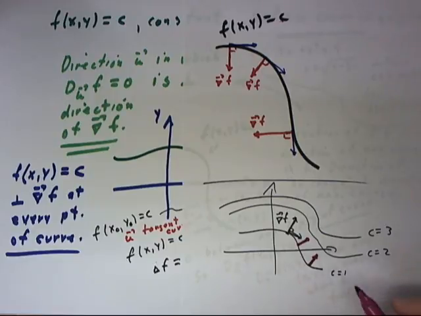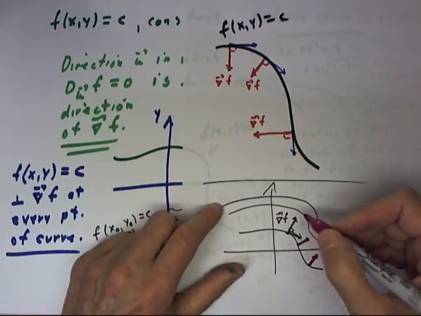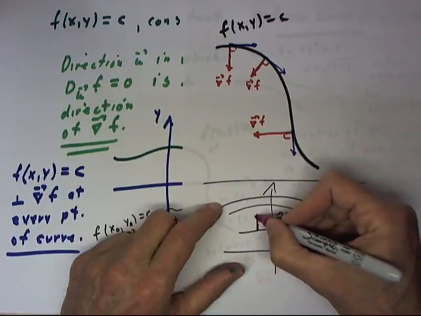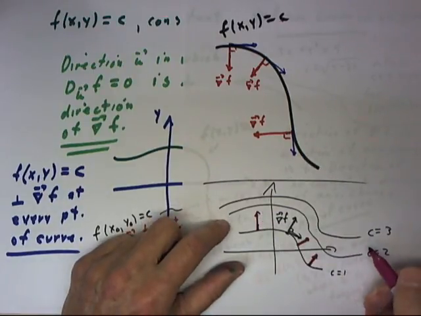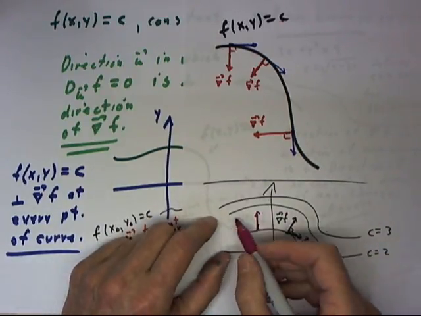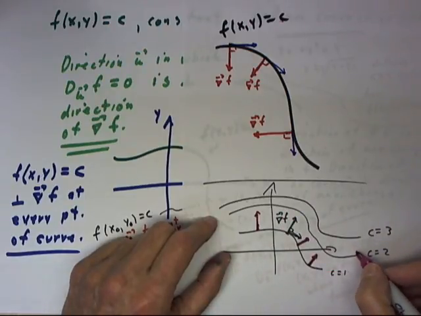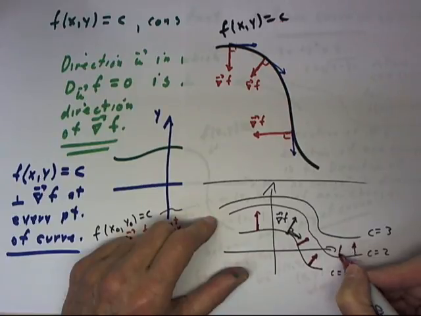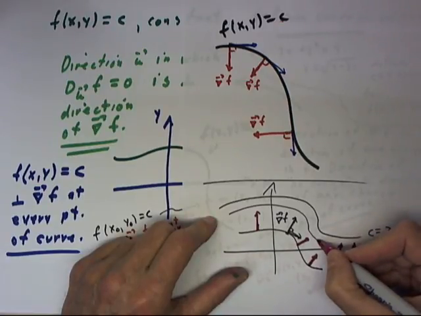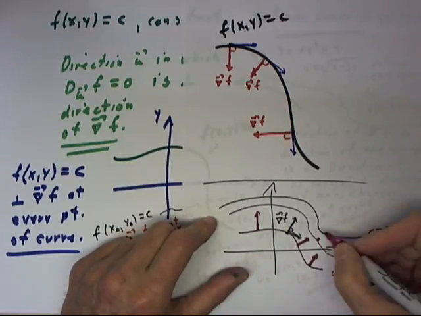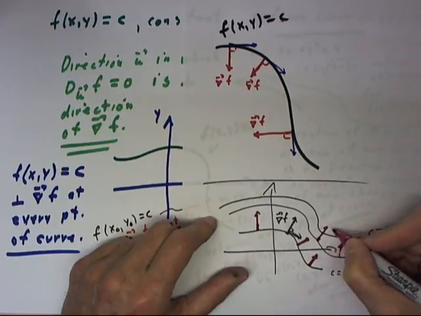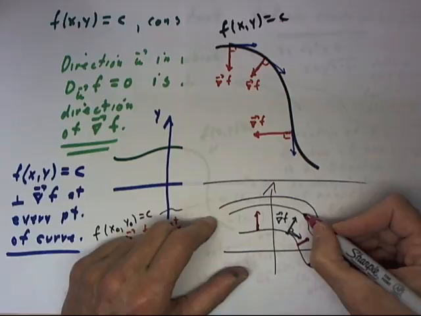It could be either, and that could change from one point of the curve to the other. So my gradients might look very much like this. The gradients along the c equals 2 curve might look like this. That one's going to kind of overlap the other curve.